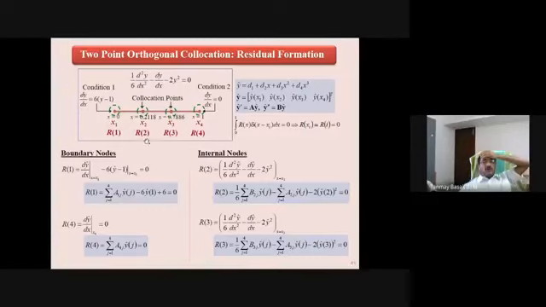So what actually happens? We have two internal residuals coming, and the outer residuals R1 and R4 will be based on the boundary conditions.